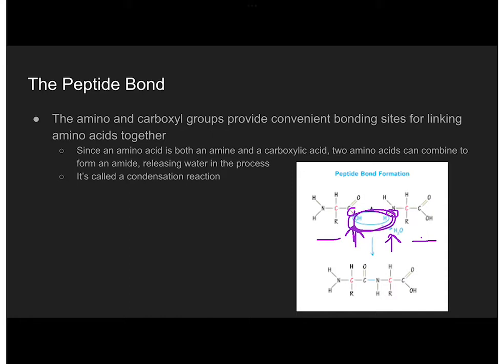And then here you can see the formation of the amide that they're talking about, and that's how 2 amino acids become bonded, and that bond is called a peptide bond.